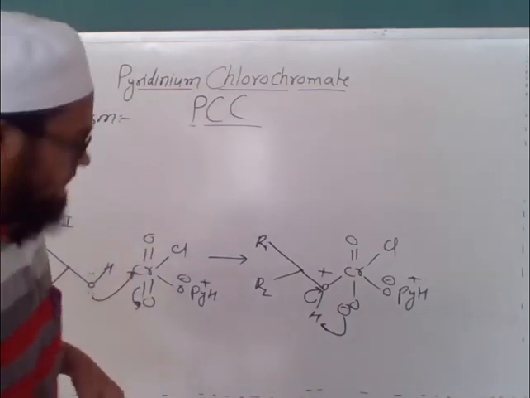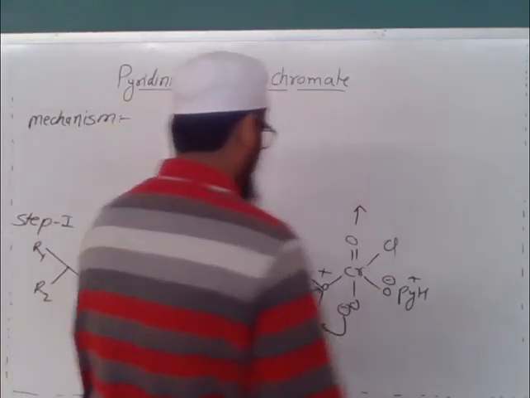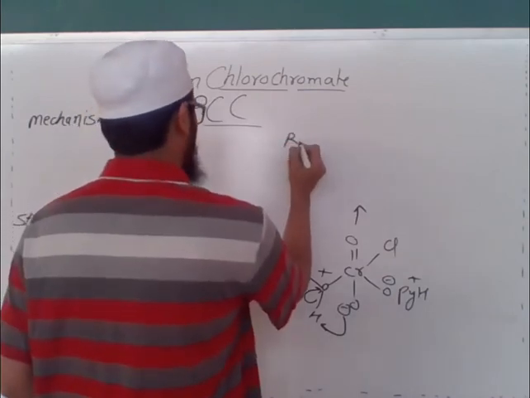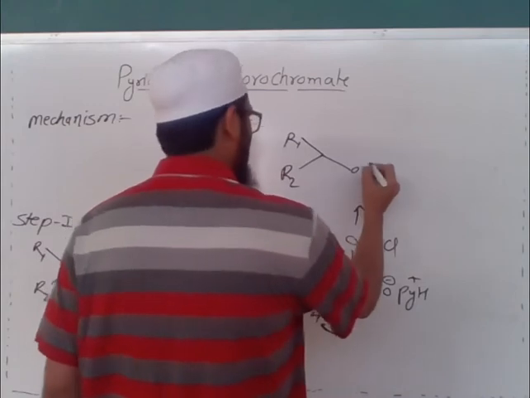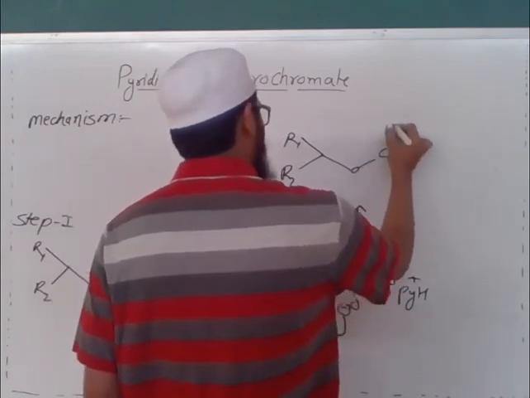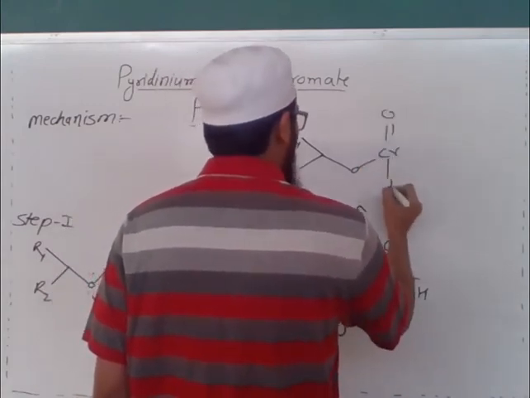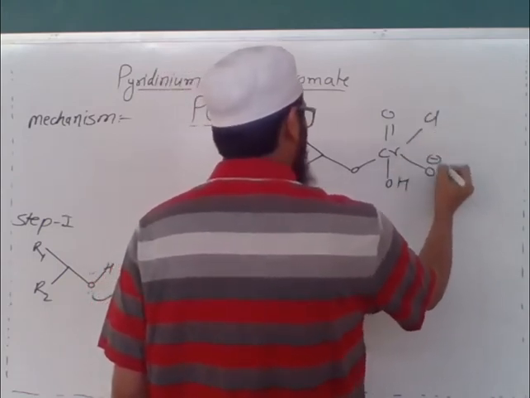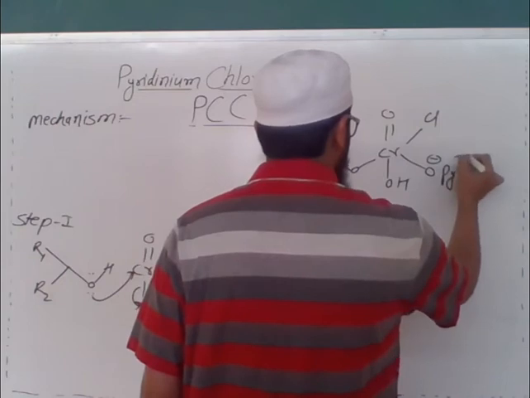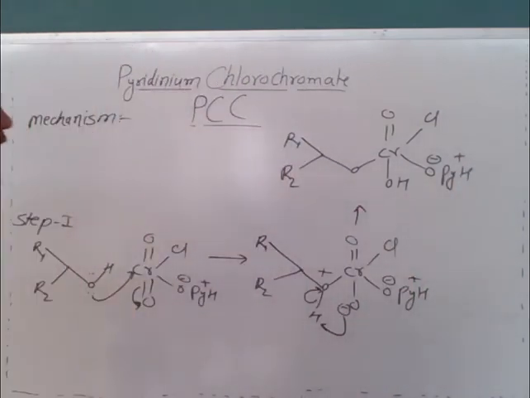Let me write what will happen after the arrow. After the arrow, R1, R2. This is our oxygen. We have chromium, double bond O, single bond OH. This is chlorine. This is our O negative with the pyridinium. Okay.